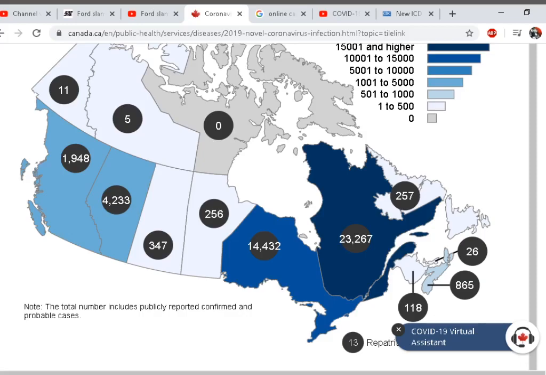I mean, this doesn't warrant shutting down the world. If they shut down the world for these kinds of numbers, then they should be shutting down the world every year for the flu. Never mind all the other problems, all the other deaths and sicknesses that far outnumber the flu and this alleged COVID.